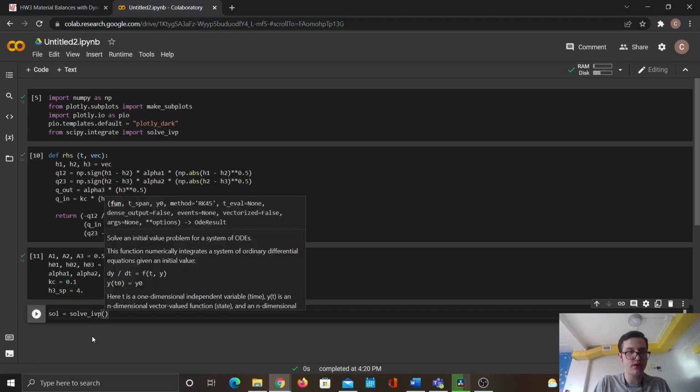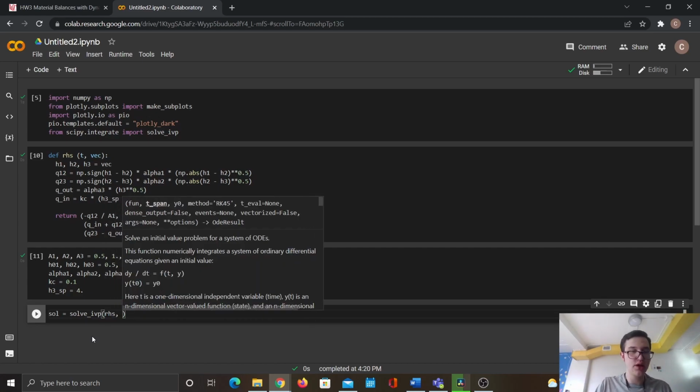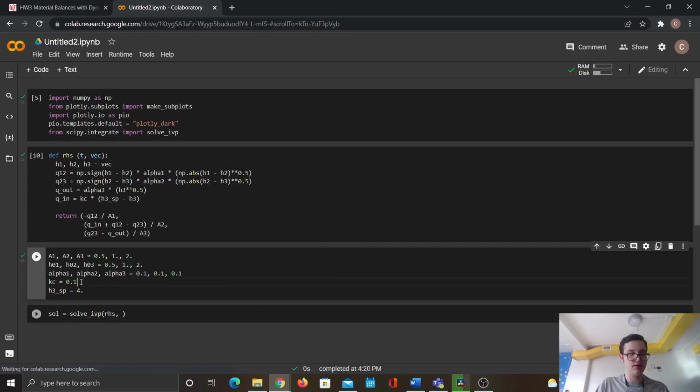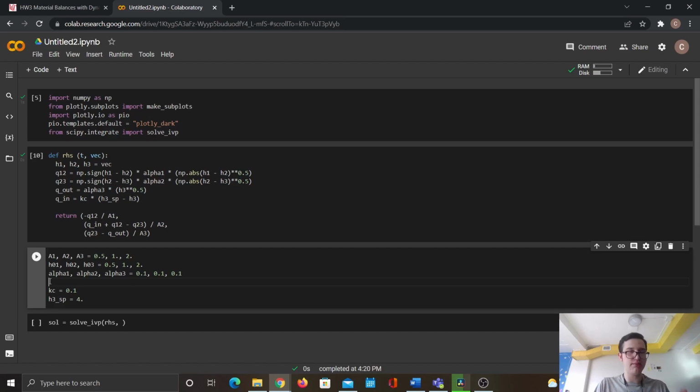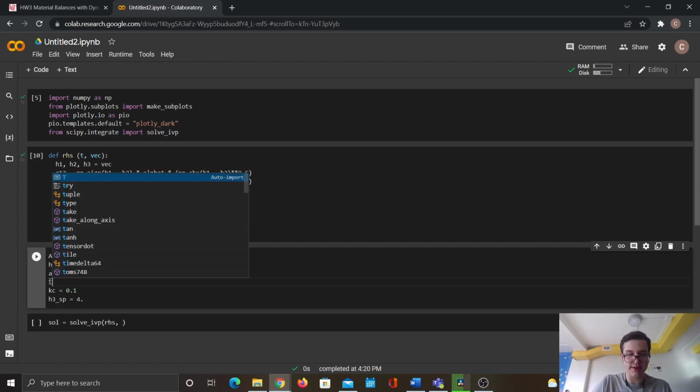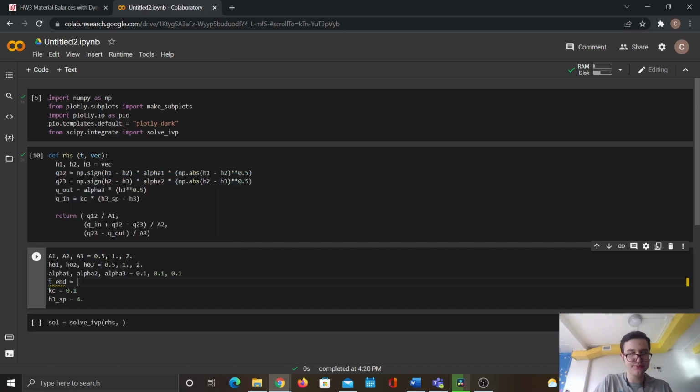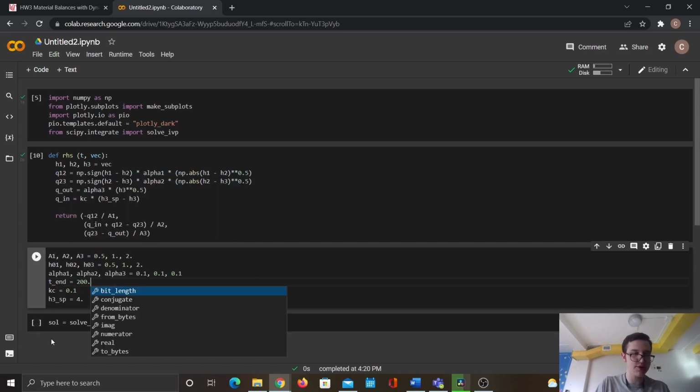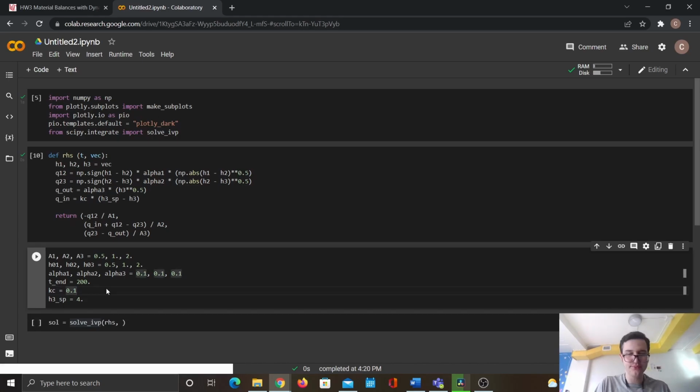Of what function do we need? We want RHS. We need the t-span. That's what I was forgetting. So we need a final time. From initial time 0 to a final time tn, we're going to call tn 200 because we like that number. It's a nice round number. Shift Enter.